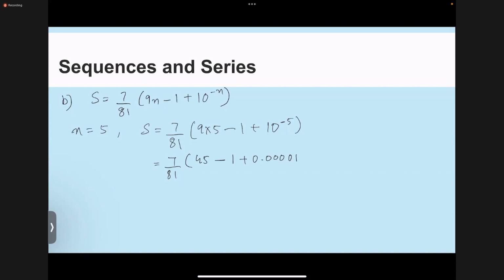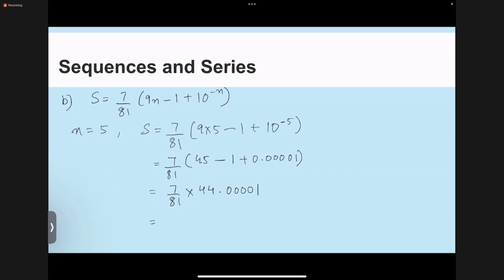Okay, so this becomes your answer, sorry, for 10 raised to minus 5. Now you can just add that to your 44. So you have 7 by 81 multiplied by 44.00001.